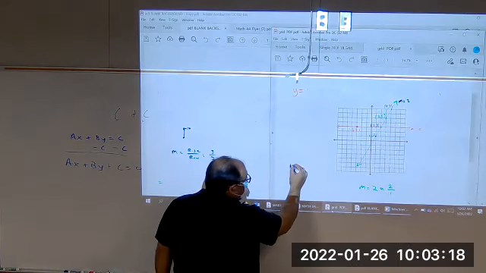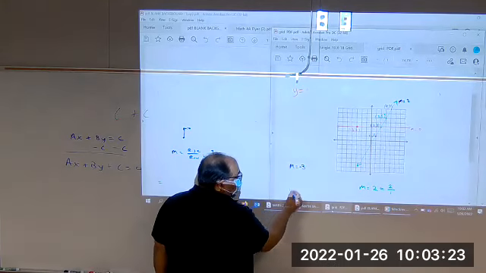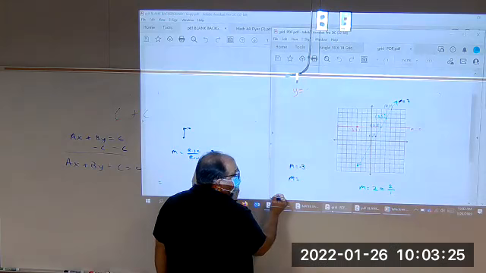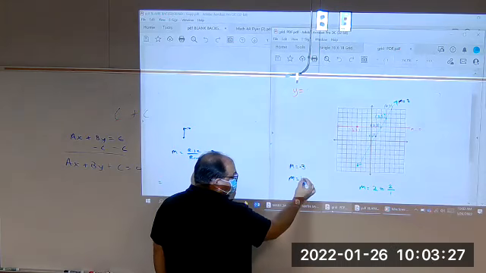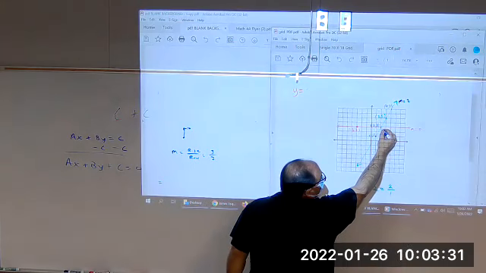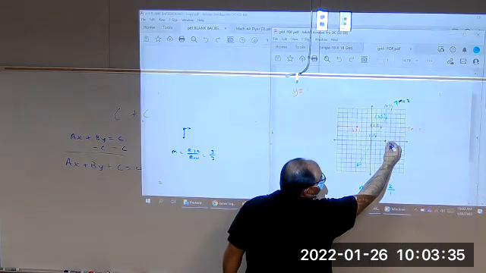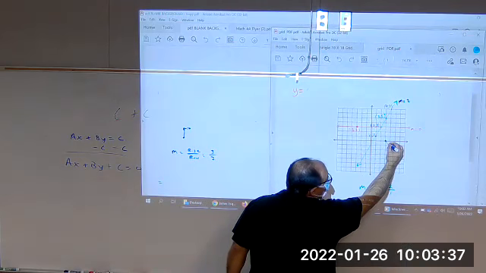Part B said we want a negative 3 slope. So what would negative 3 look like as a fraction? Negative 3 over 1. So from this first point, you would want to go down 3 and then right 1. Down 3, right 1.